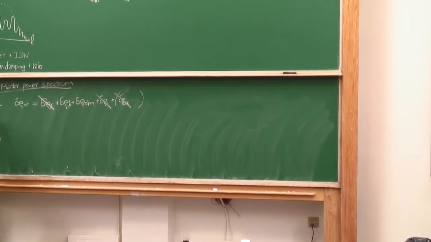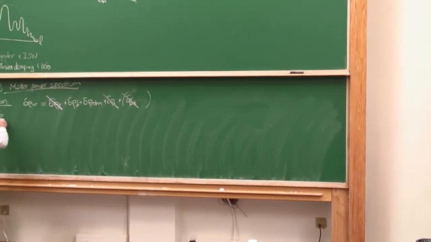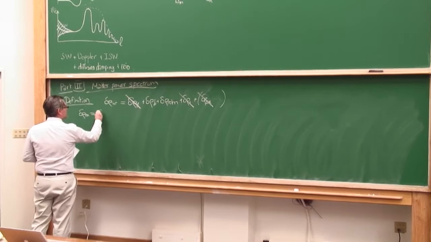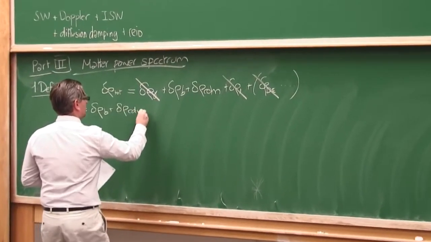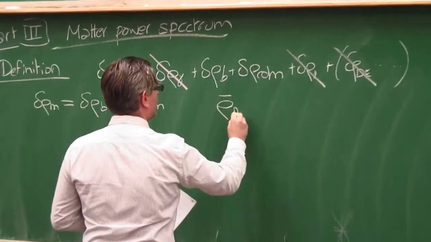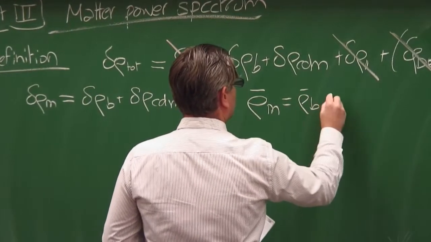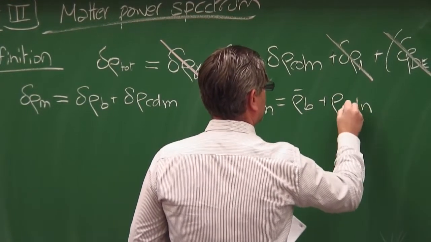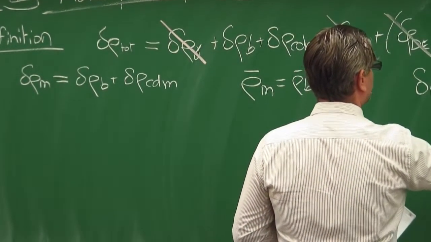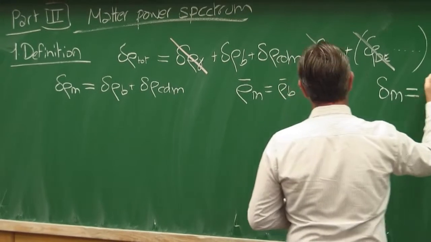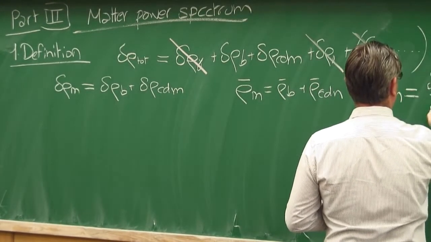Okay, so we will define delta rho total matter as delta rho B plus delta rho CDM. We will define rho bar of matter as rho B plus rho CDM. And the same for delta M. Delta matter will be delta rho M over rho M bar.